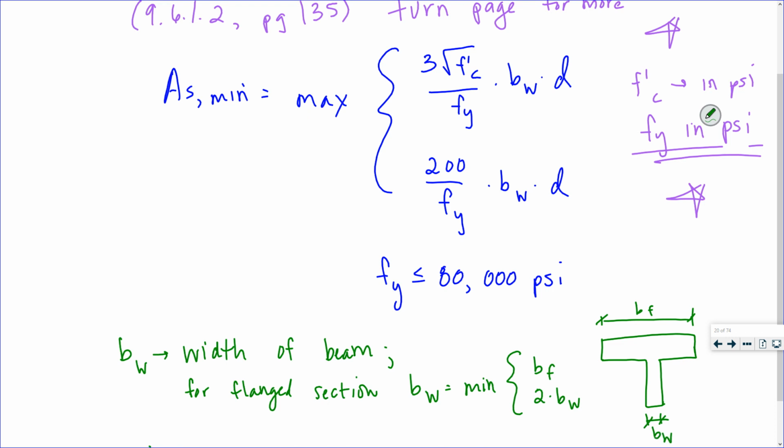We'll get to flanged sections in a few weeks, and we'll come back to this. That's if your flange is in tension. So in the case of the section that I drew, that would be negative moment.